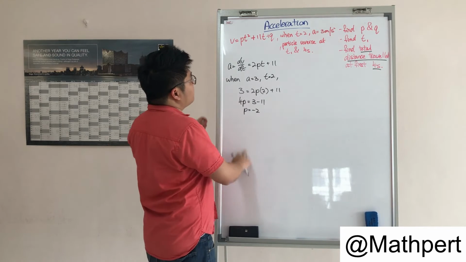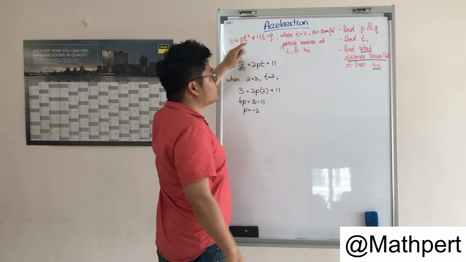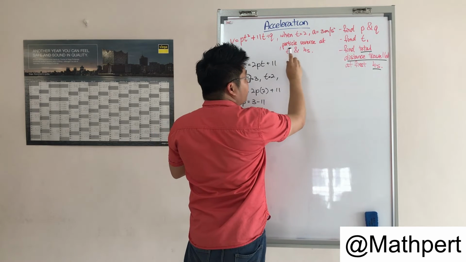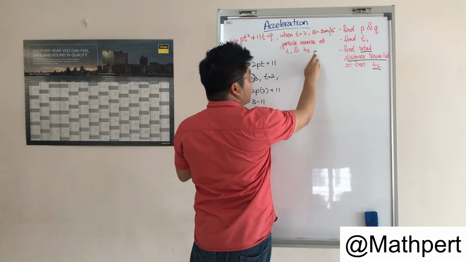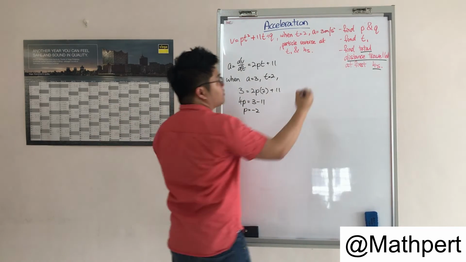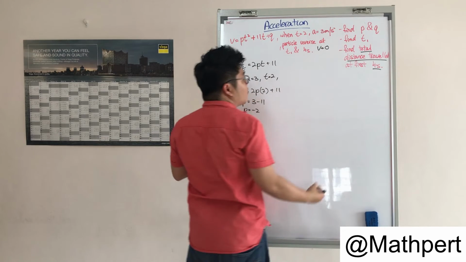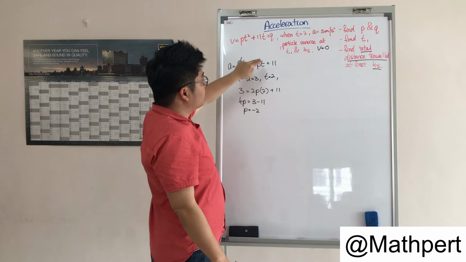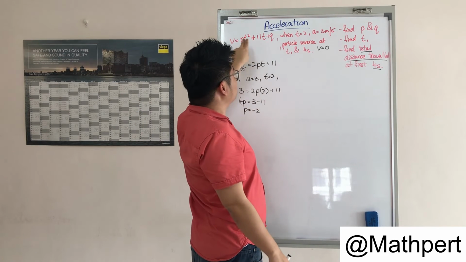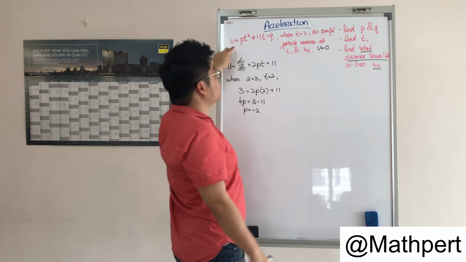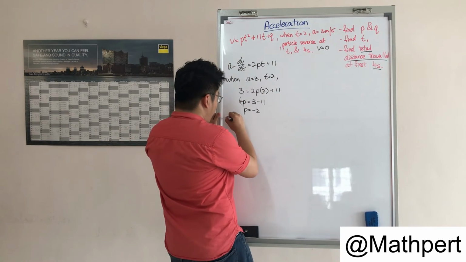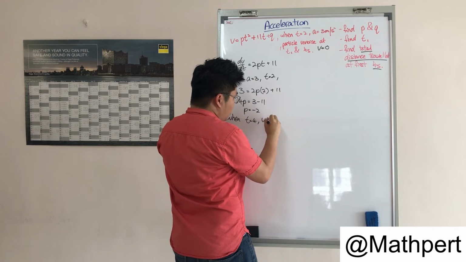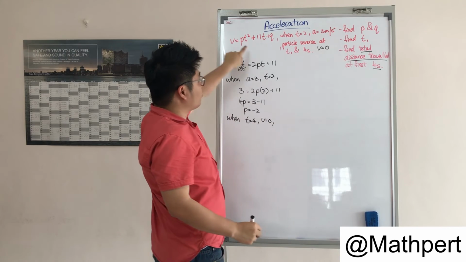Right? Then, how do we find the value of q? Using this second piece of information. At t1 and 4 seconds, the particle reverses. Reverse means that v equals 0. Right? So we have the value of p, we have t equals 4, we have v equals 0, we substitute into this. When t equals 4, v equals 0, substitute 4 and 0 into here.